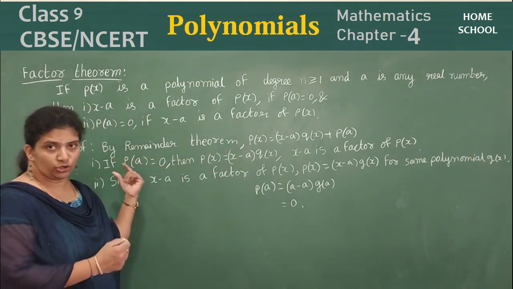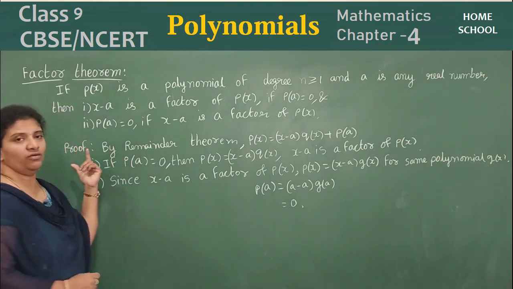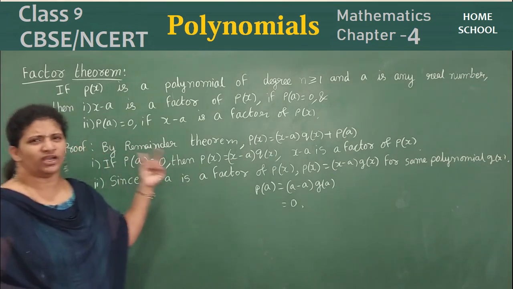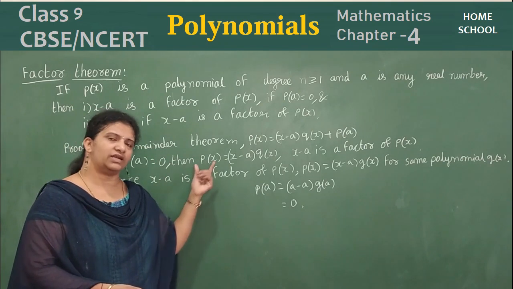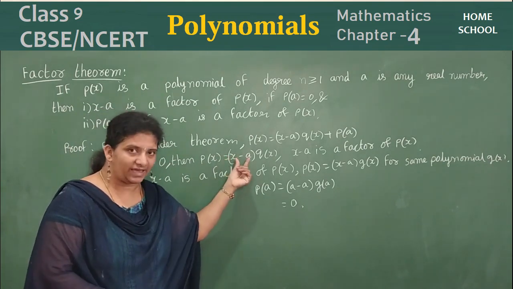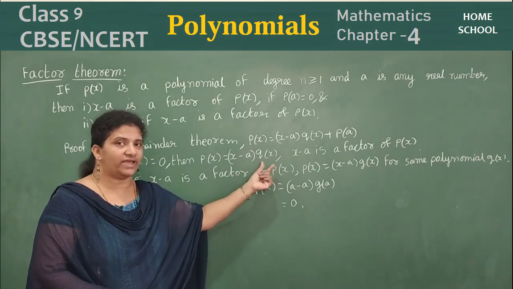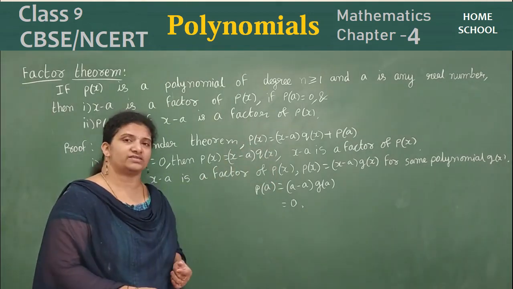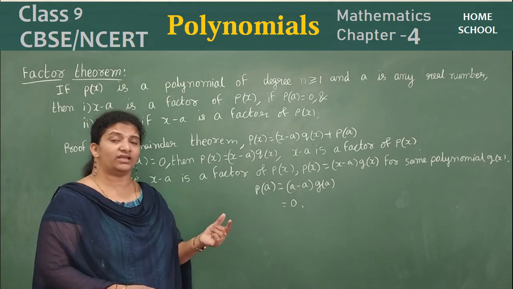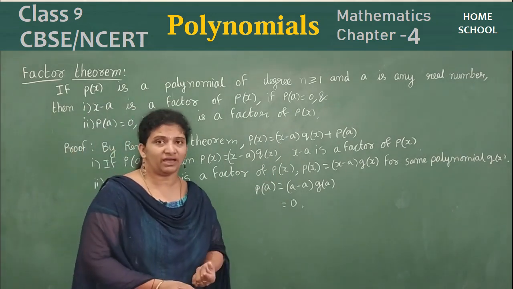So, I have shown you the proof also here. Look here, proof by remainder theorem. Already we got that, children. Remainder theorem: p of x is equal to x minus a into q of x plus r of x. What have we done? p of a is nothing but the remainder, right?